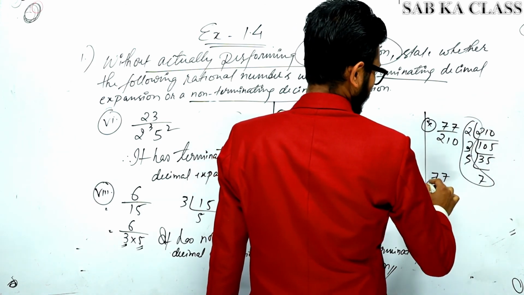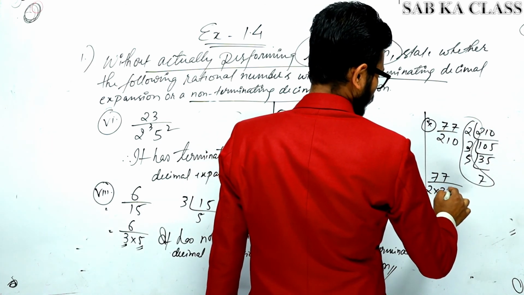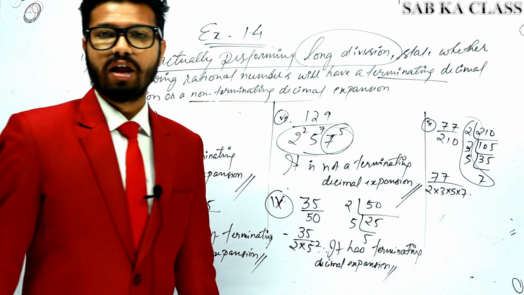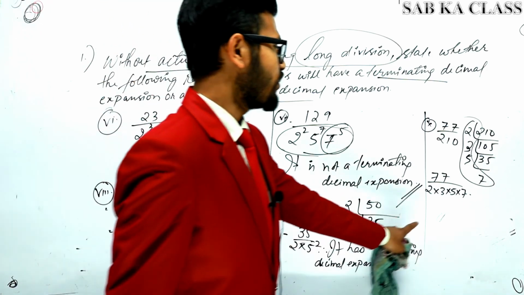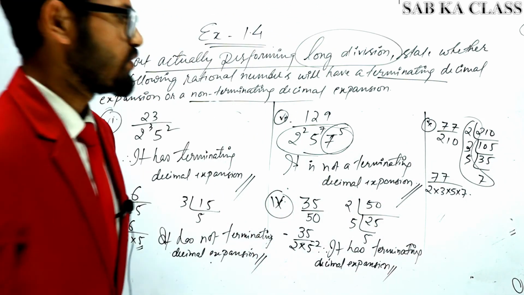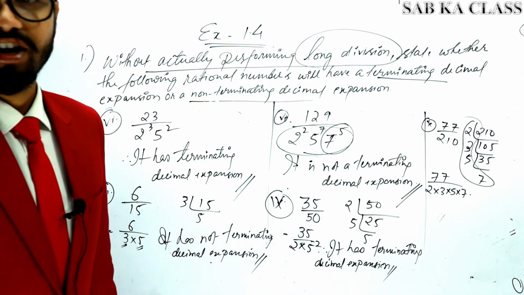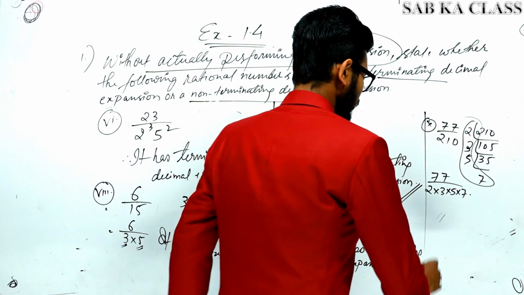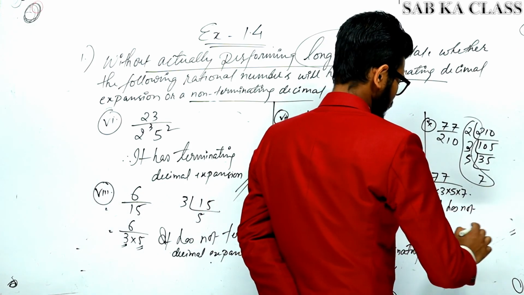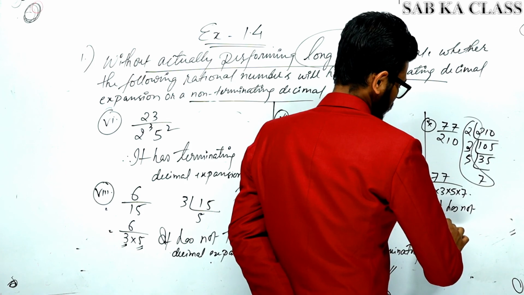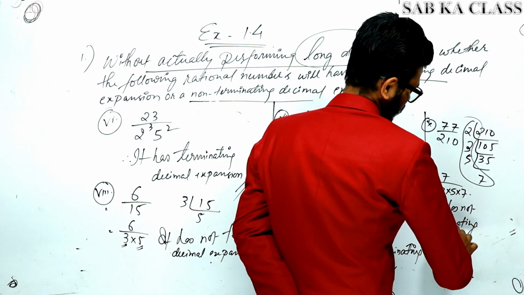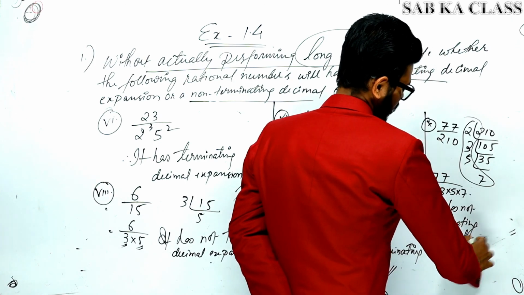So 77 by 2 into 3 into 5 into 7. You can clearly state that it is not a terminating decimal, because along with 2 and 5, other numbers are also present, that is 3 and 7. So it is not violating the theorem. Therefore, it has a non-terminating decimal expansion. I hope it is clear.